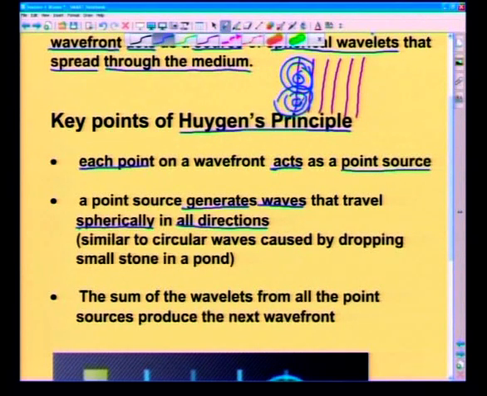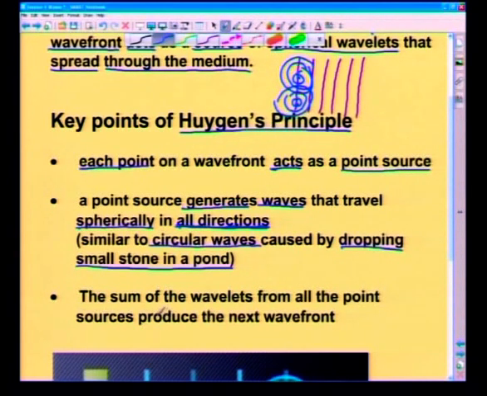Every point on a wave front will be regarded as a source of secondary waves, and those waves are spherical waves that spread outwards in all directions, similar to circular waves caused by dropping a small stone in a pool. So that's what Huygens is saying.